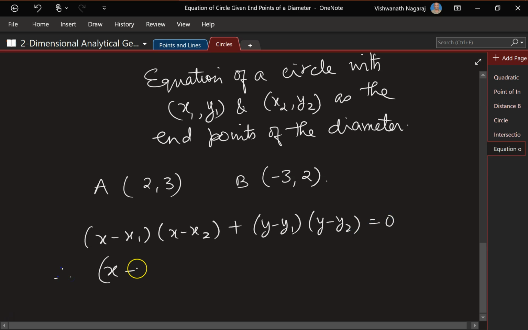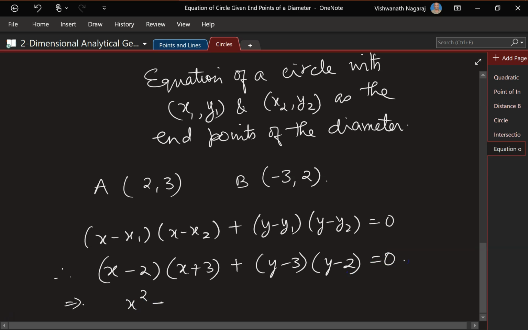So therefore (x minus 2)(x minus -3, that is +3) plus (y minus 3)(y minus 2) equal to 0.